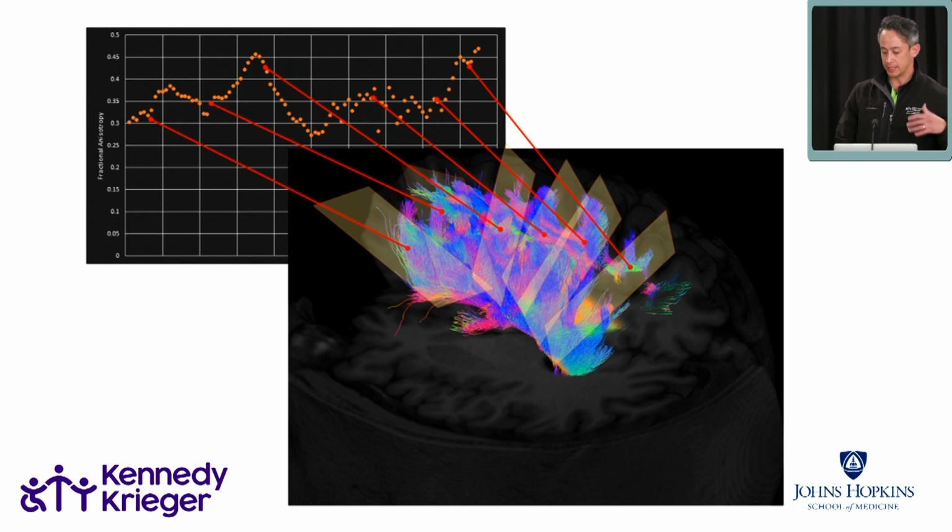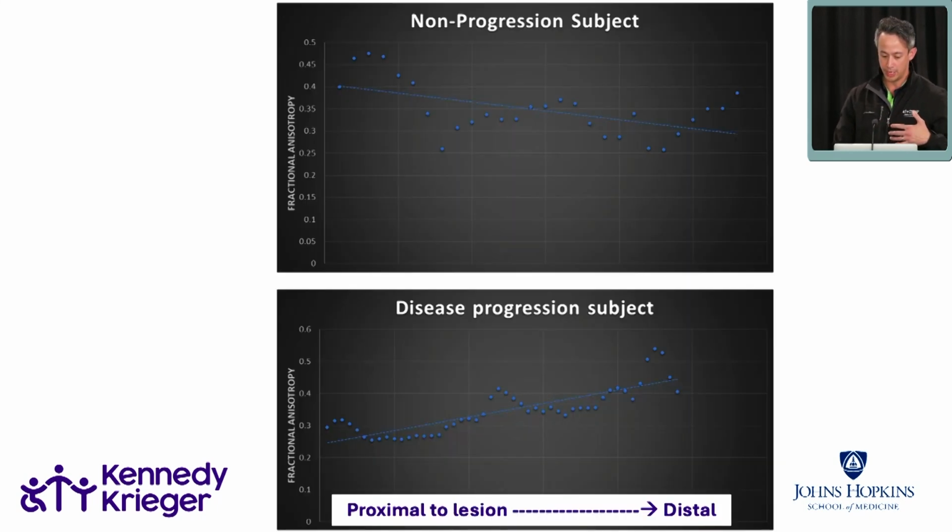And so we did this in cases of patients who had active inflammatory cerebral ALD and patients who had spontaneous disease arrest or self-stabilization. What we found is, on top, that's the FA values across space, proximal to the lesion to distal, or close to far.